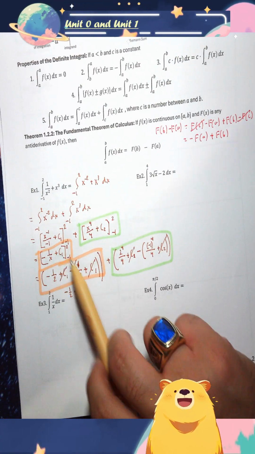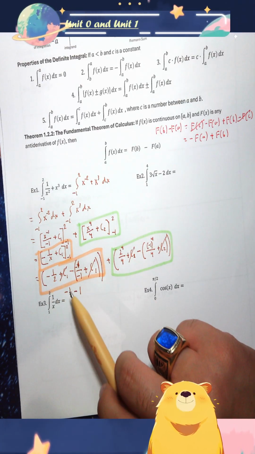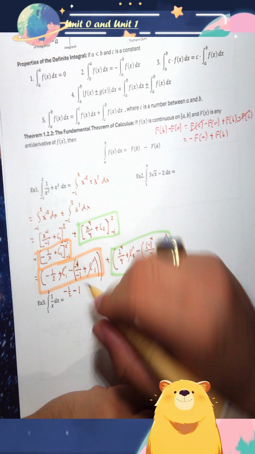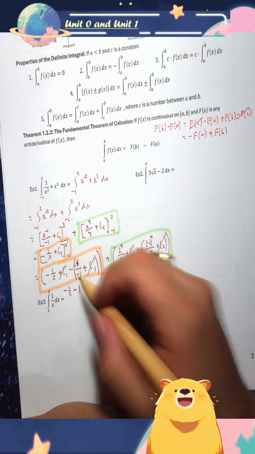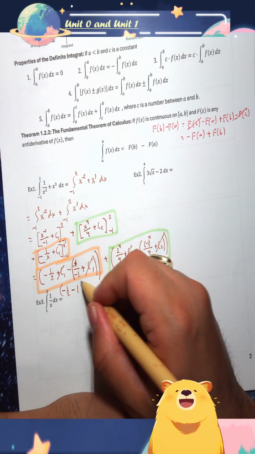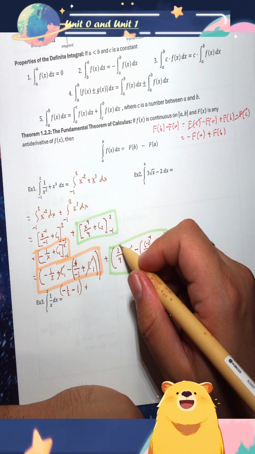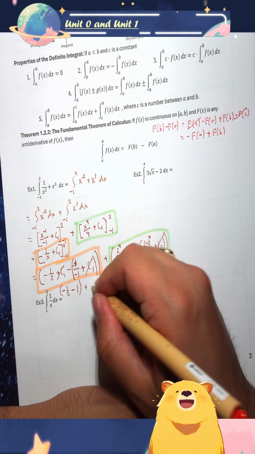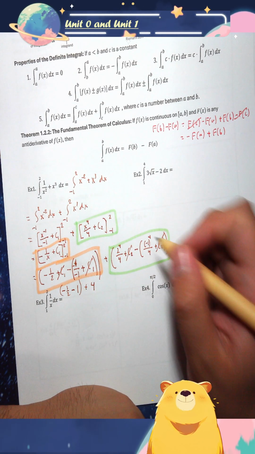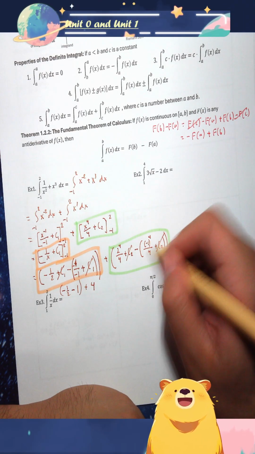Let me just double check that. Negative, and then negative, yeah, okay. And then let's put that in a set of parentheses. And plus 2 to the power of 4, which is 16 divided by 4, so 4. And then minus 1, because it's going to come out to 1 over 4.